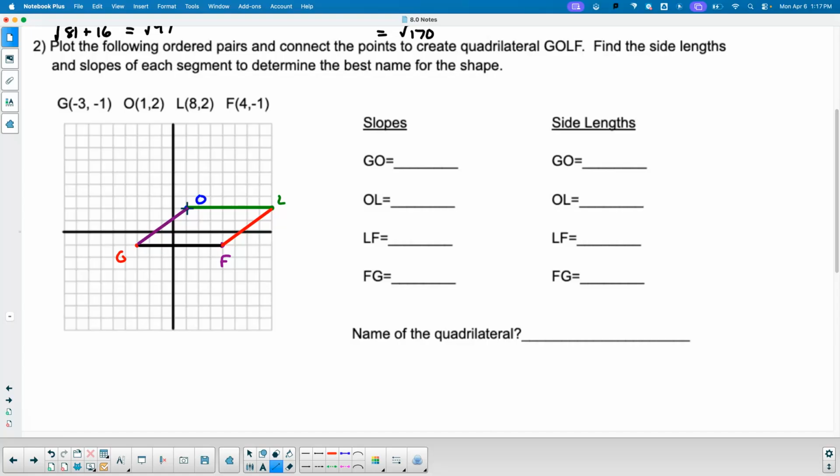Find me the slopes of all four of those sides, and put them in the right spots, too.